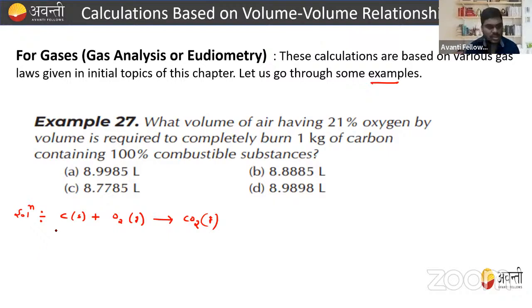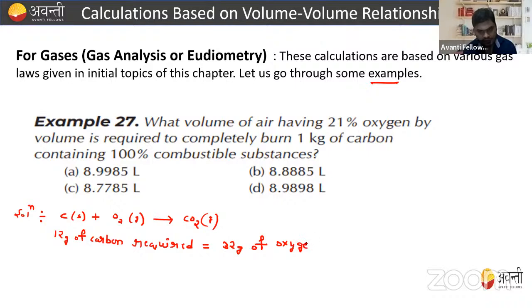Now we all know that 12 gram of carbon requires 1 mole of O2, or we say 32 gram of oxygen, for the complete combustion.